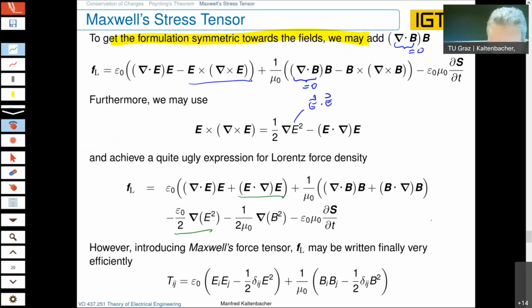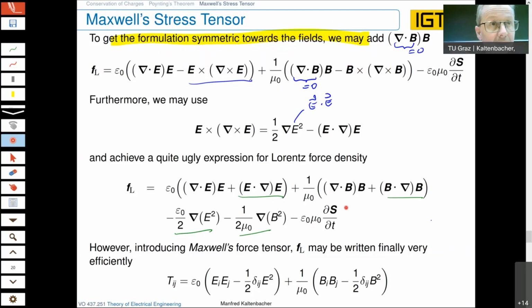As well as on this side, this term comes in and this term comes in, and therefore you do not see that this cross product between E and the curl of E, as well as the cross product between B and the curl of B, will show up here. Yeah? So this is now a really ugly term.